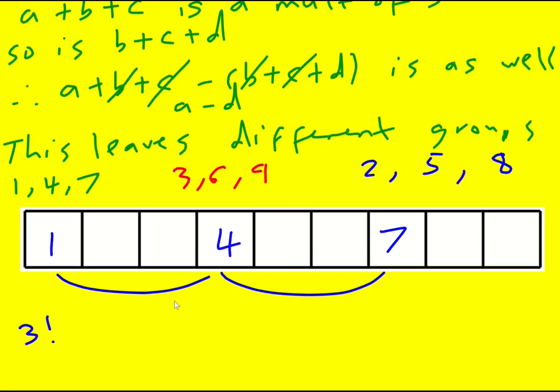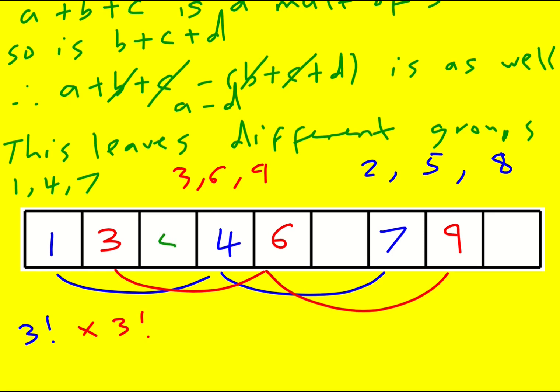Next up, we can decide which one goes here or here. So let's say we put 3 here, 6 here, and 9 here. Then there's going to be another 3 factorial ways of moving them around. And then finally, we've got 5, 8, and 2. And again, 3 factorial ways of arranging those.